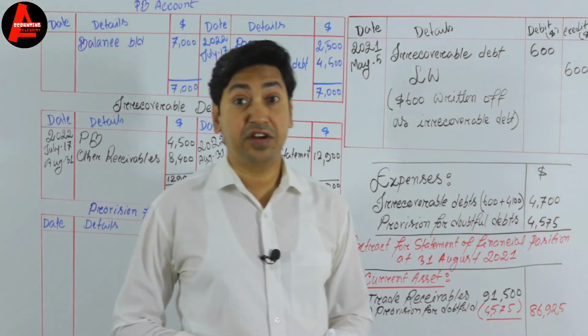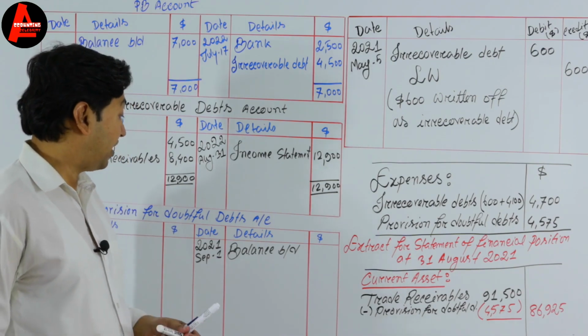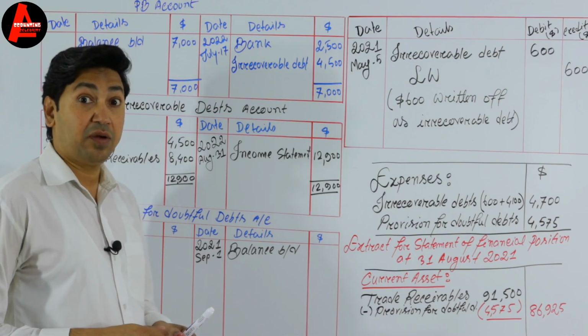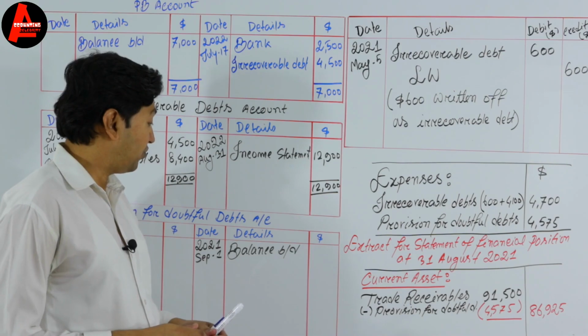Okay, so 31st August 2021 is the last day of the financial period. So the opening balance will come on the first day of the financial period, which is 1st September 2021.